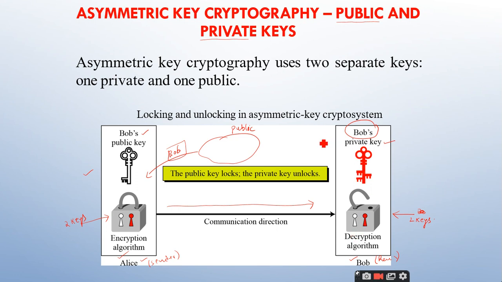The very important point to understand here is that we are not bothered about the sender. We are concentrating only on the receiver. So for encryption, we use the receiver's public key, and for decryption, the receiver uses the receiver's private key. If this is clear, we can move to the other slide.